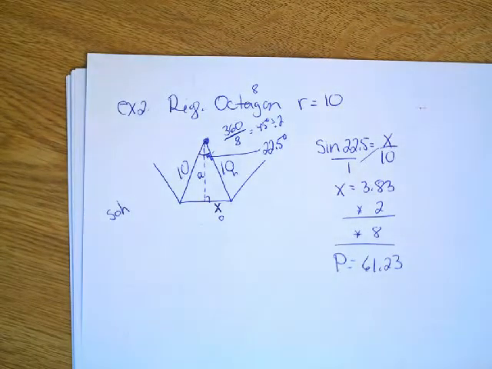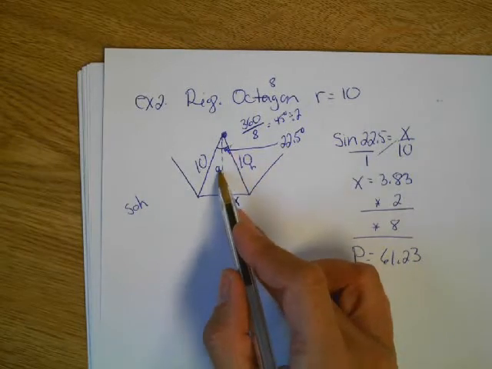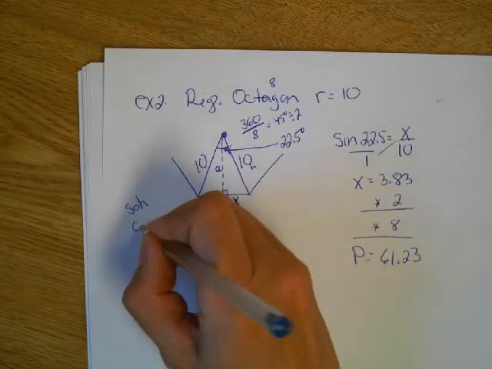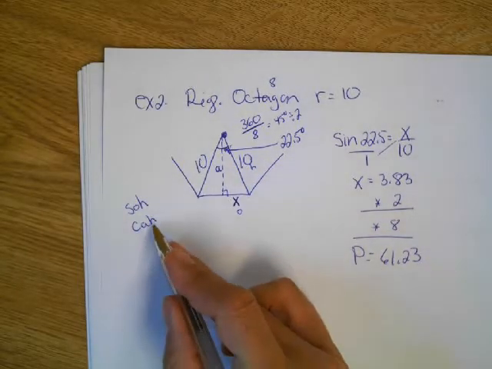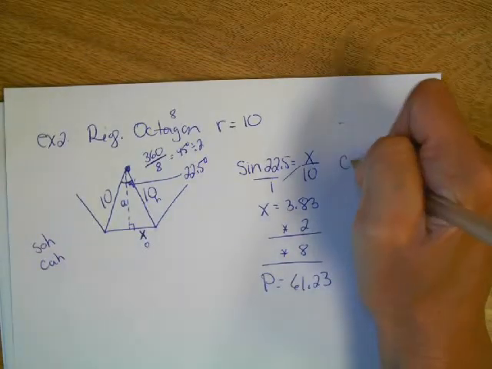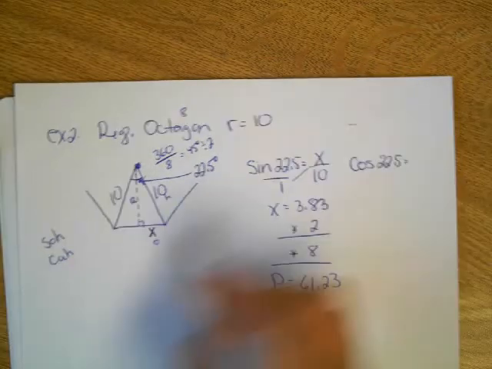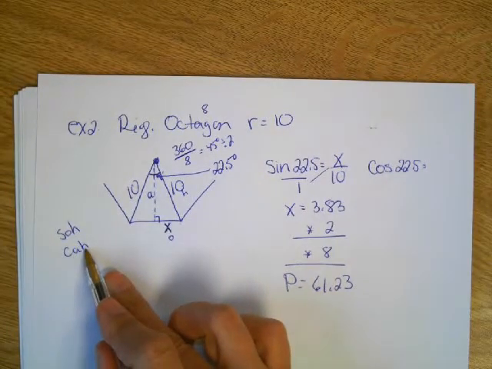Okay. Now I still have to find apothem, and I'll do that with trig also, and I will go with adjacent and hypotenuse this time. Adjacent and hypotenuse is CAH, so I will set up a cosine standing on the 22.5. So the cosine of 22.5 equals adjacent on top, hypotenuse on the bottom.